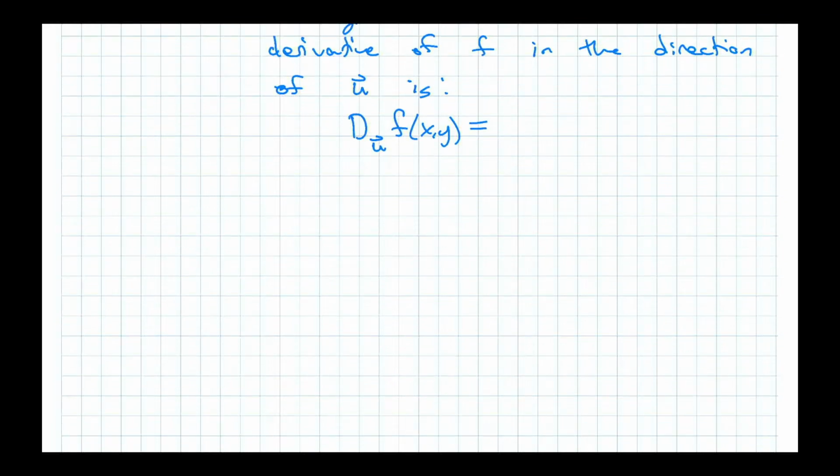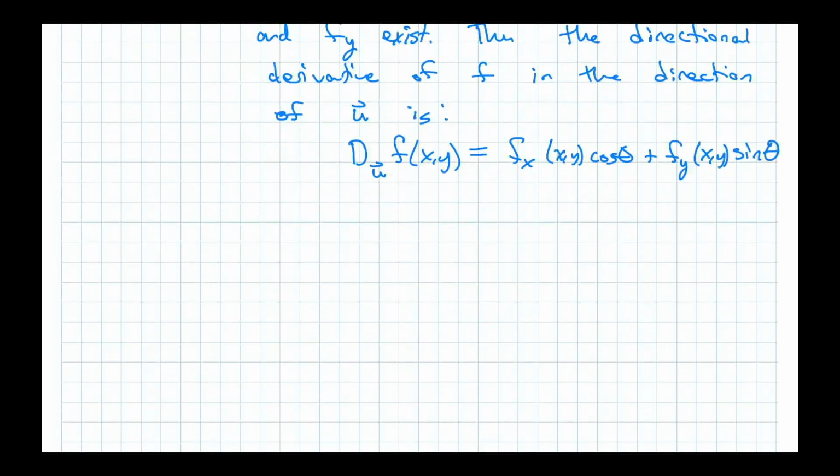And you simply have to do fx of x, y times cosine theta plus fy of x, y times sine theta. Okay, that's going to be a much easier formula to use, rather than doing a big long limit.